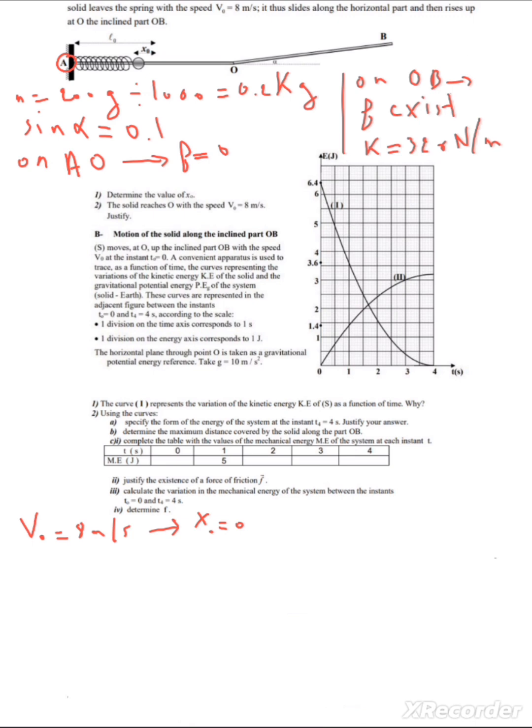Okay. Part 1. First, we have friction equal to 0.